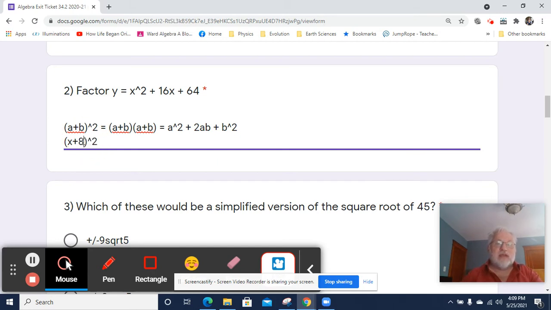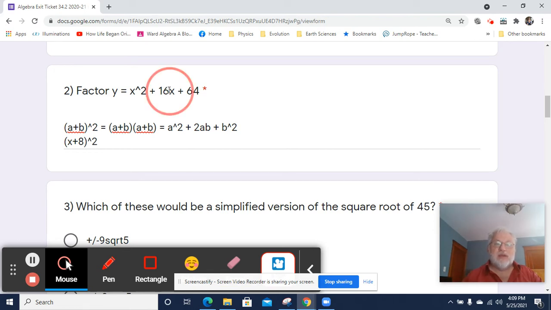There is, of course, a negative square root, but in this case, we're going to be looking for the positive square root, because x plus 8 squared will equal this. And part of how I know that is 8 is half of 16. I've got a 1 here, so I don't have to worry about any extra details. All I need for my last term is half of 16 squared, and half of 16 is 8.